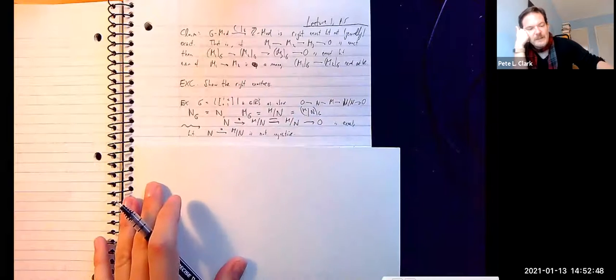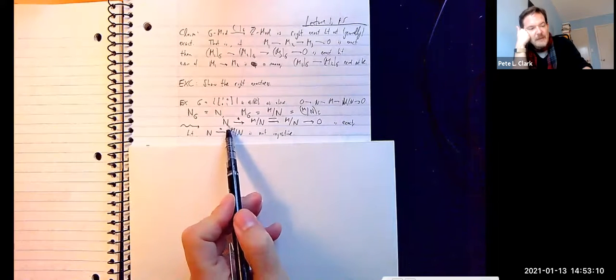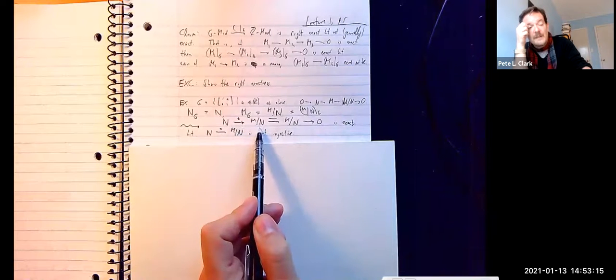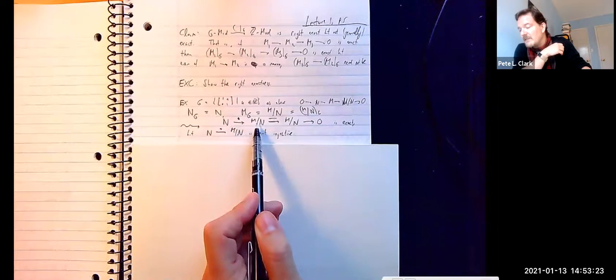And so you get this sequence, and you see that this much of the sequence is exact. That's fine. On the other hand, we started out with an injection from N to M, and the map from N into M mod N is once again the zero map. Okay, so N and M mod N are still two one-dimensional real vector spaces, so the zero map between them is not injective. Okay, so the same example works.